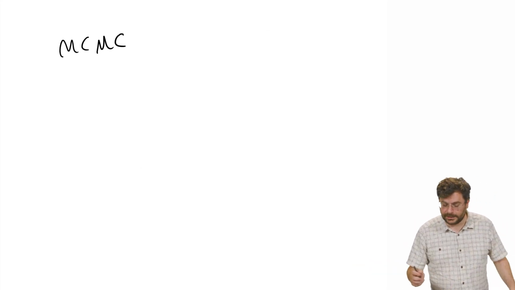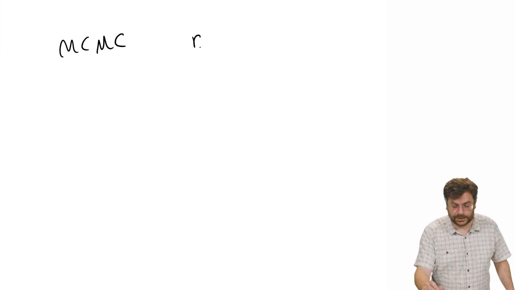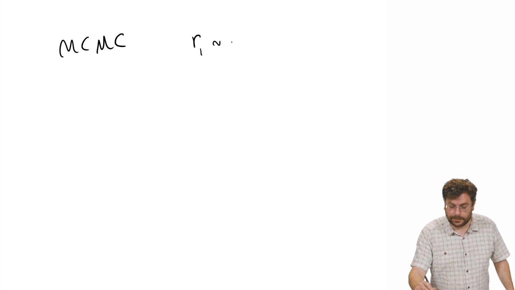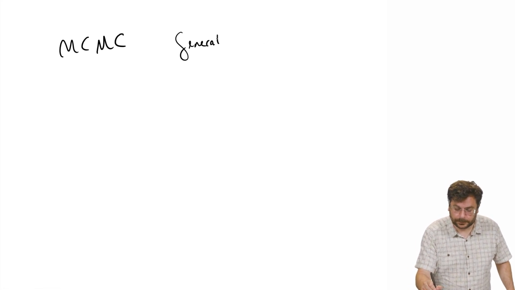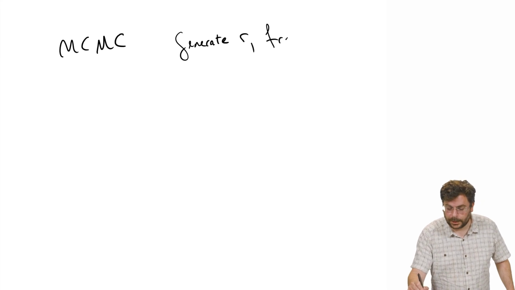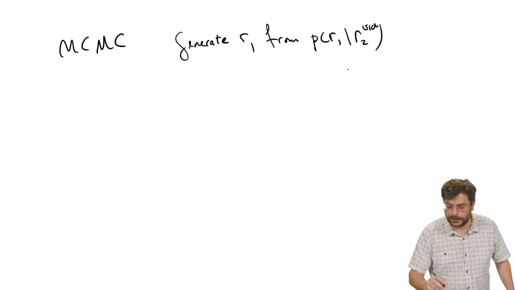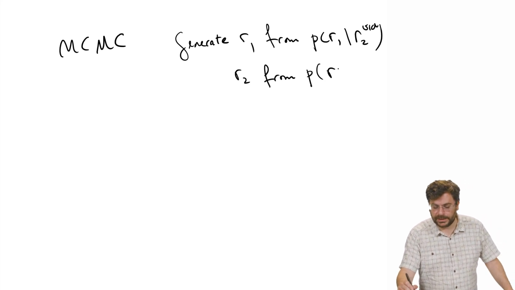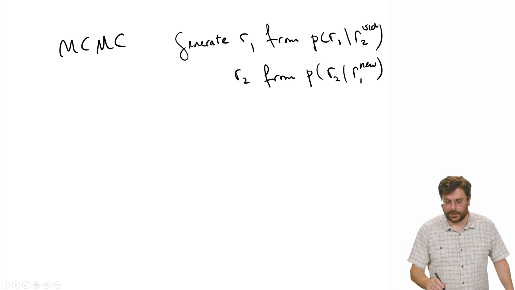What about MCMC? Well, MCMC is a little bit different. If I were to do, for example, Gibbs sampling, which is still more efficient, I would generate R1 from P of R1 given R2 old, and then I would generate R2 from P of R2 given R1 new.